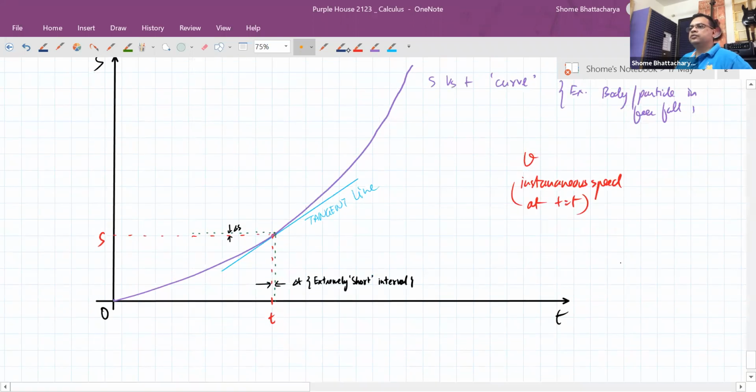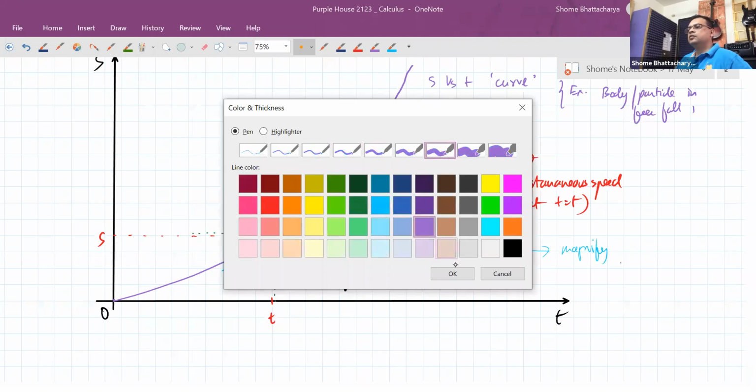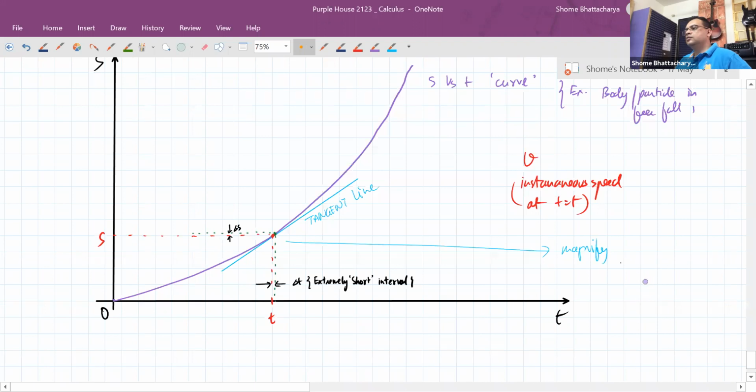Just to show what we've done in the graph, if we were to magnify this at that particular point, let's say that it's curving like this, and we have this point corresponding to time t, and then this point next to it corresponding to time t plus delta t.